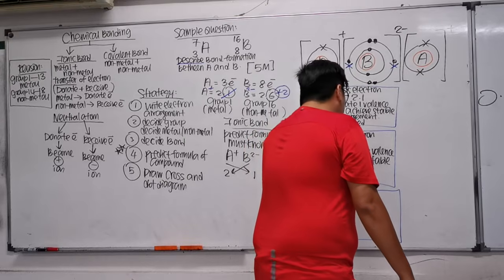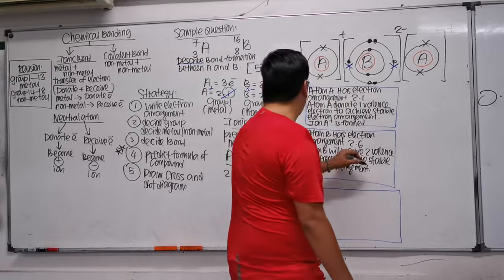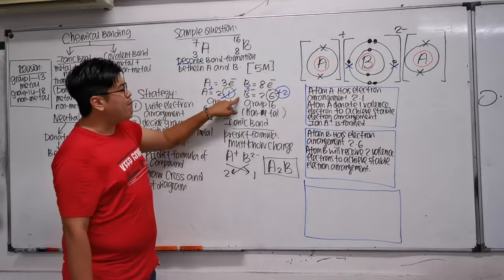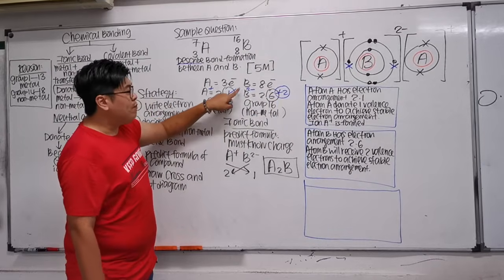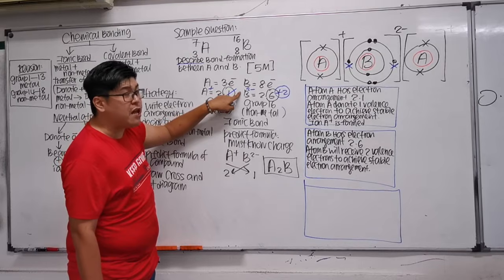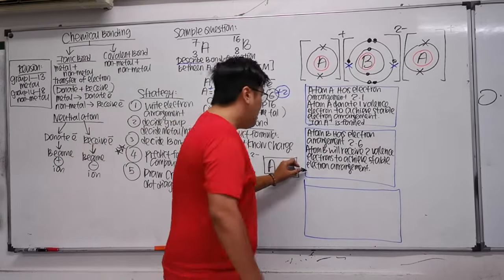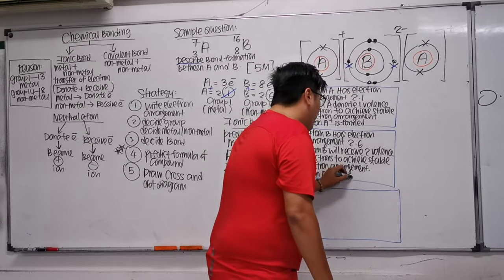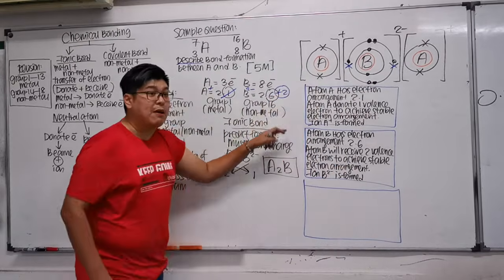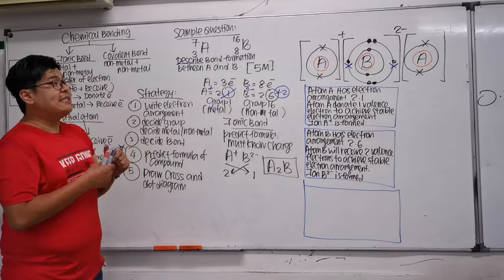Okay, after the princess receive 2 electrons to be stable, the princess become B2 minus. So the princess now got charged. When you got charged, the name must have the word ion. Ion B2 minus is formed. Okay? So you already settled prince and princess. Okay, last one.